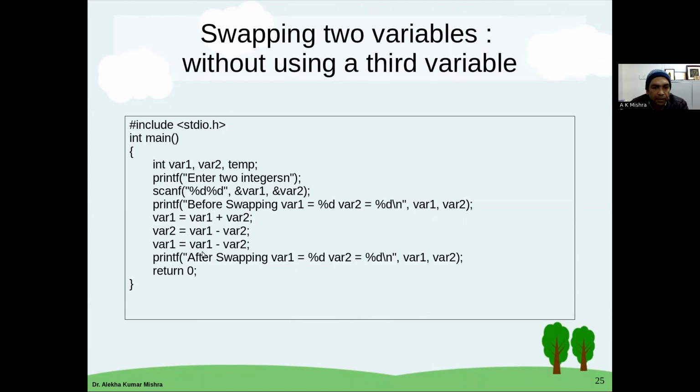Then from the sum, I subtract var2, which is now 5, and that will give me the second value, that is var2. I'll take that and store it in var1. So it's very simple here. It swaps the values using arithmetic operations without using a third variable.